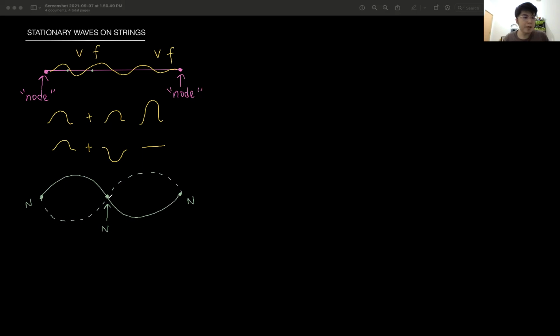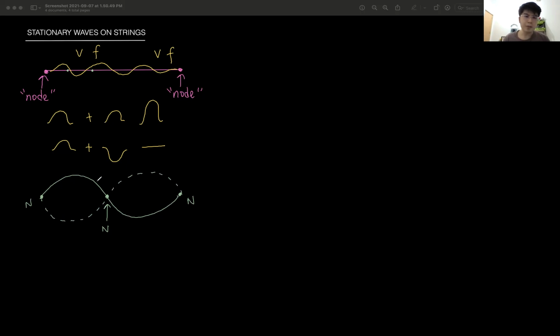It happens all the time as the wave bounces back and forth, the center is always zero. It's always a destructive interference. So you have created a node over here that does not change over time.